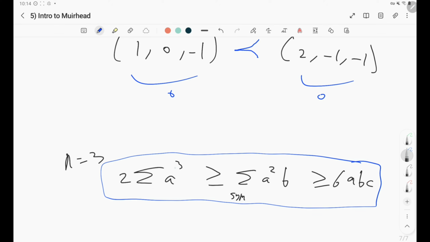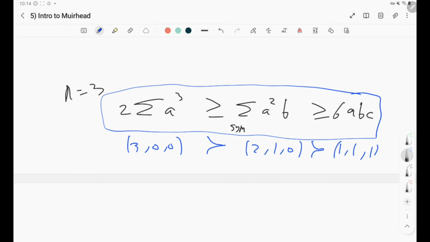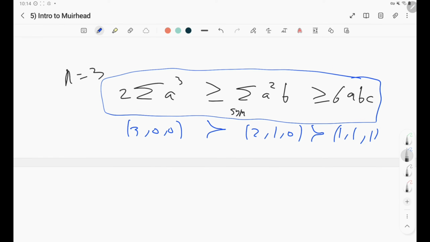So that means we immediately can sort these. Of course, if you're wondering what is the sequence, it should be this here, 2 1 0, and here 1 1 1. We have this majorization. So as you can see, we immediately can know the sorting between sigma a cube, sigma symmetric a square b, and abc.